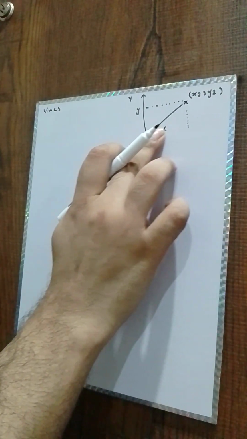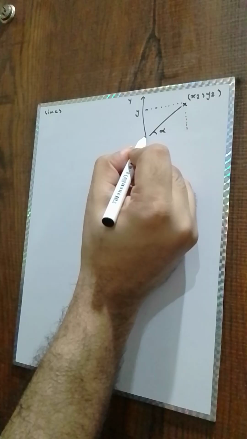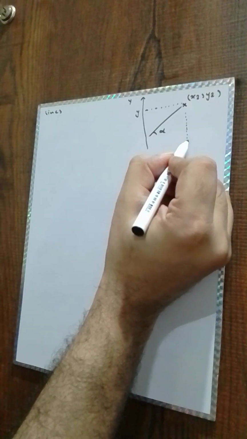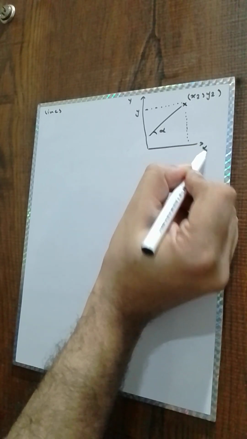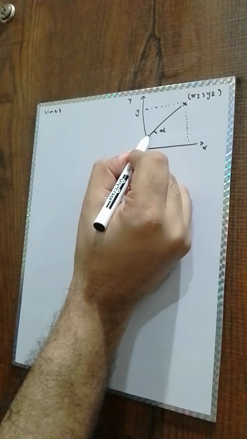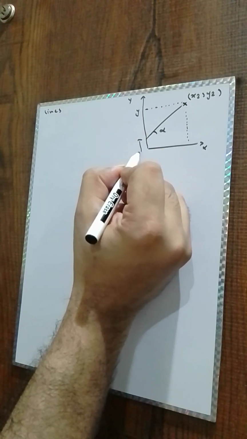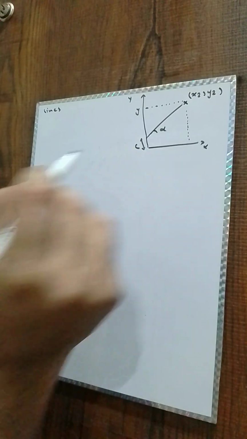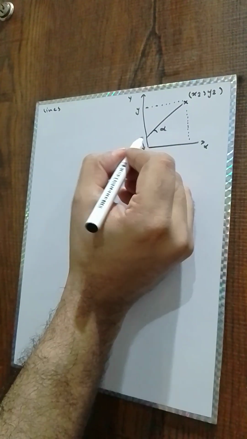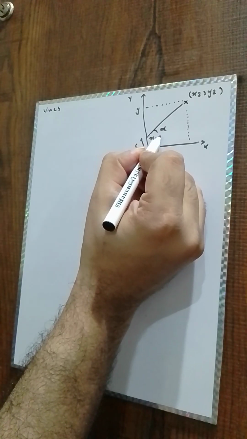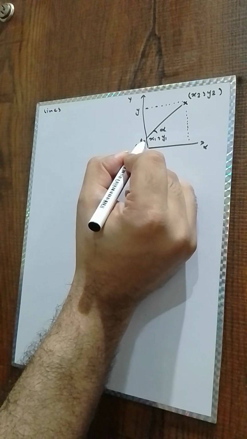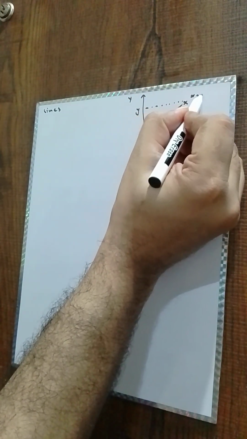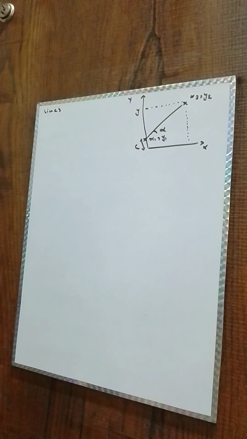In case the line is not passing through the origin, we have the intercept c, which is the y-intercept. So x1 y1 is the point here, and x2 y2 is the point there.